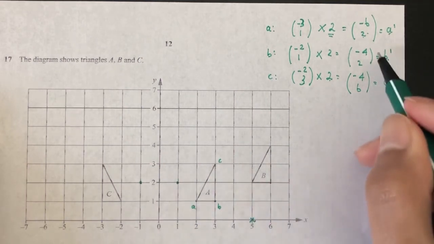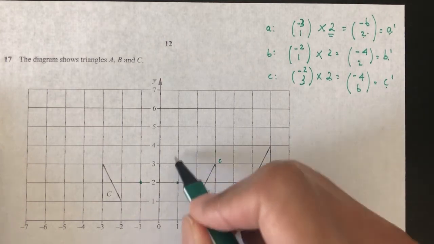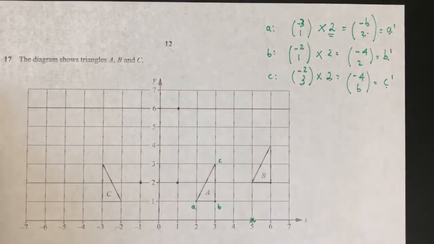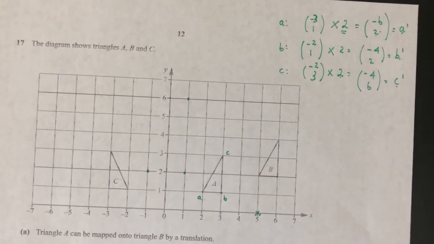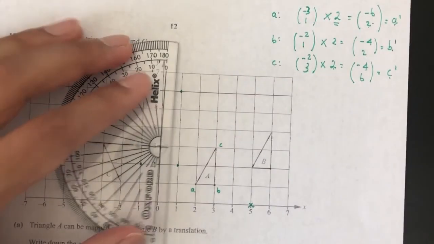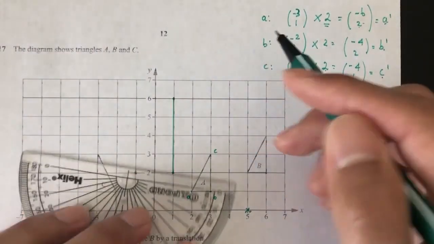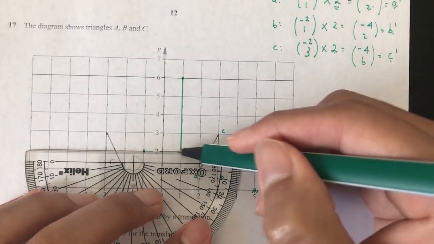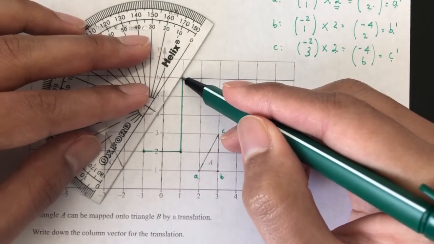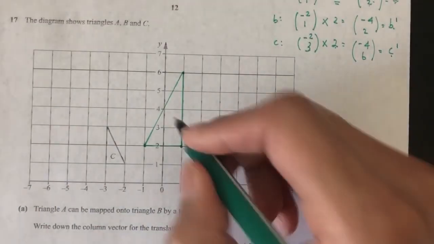And the last one will be (-4, 6): 1, 2, 3, 4, and 1, 2, 3, 4, 5, 6. So let's join the points to find the triangle D. So that's the triangle D.